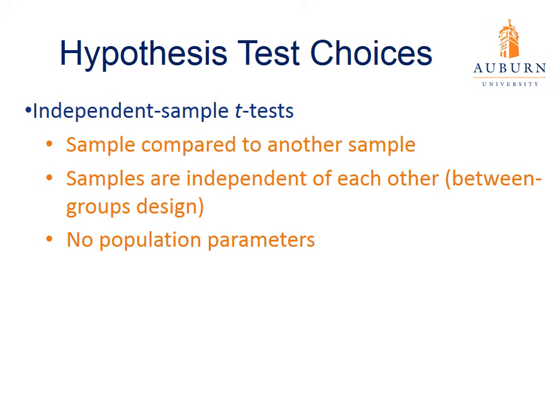Now the difference in an independent sample t-test and a paired sample t-test comes from the samples themselves, or what we call independence. What makes an independent sample t-test different than a dependent sample t-test is that our samples are independent of each other. And what we mean by that is that every observation is measured once and only once.